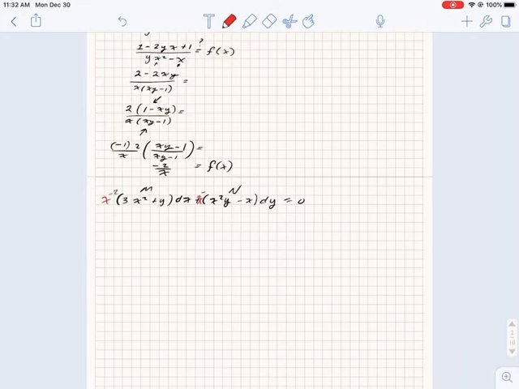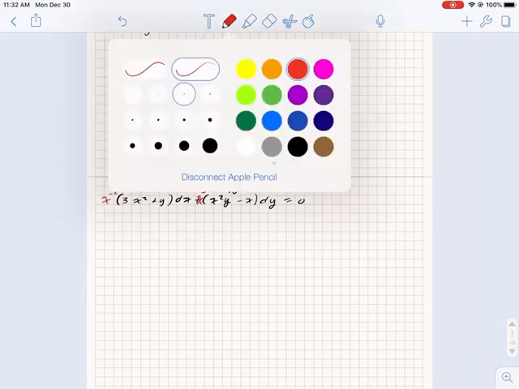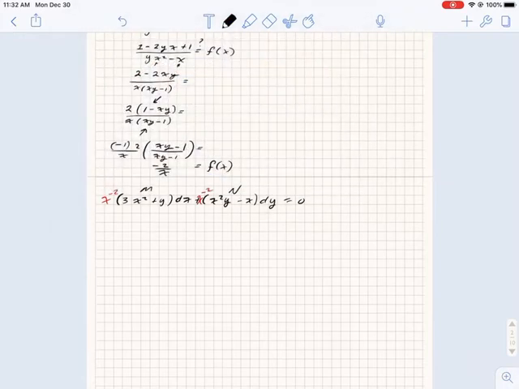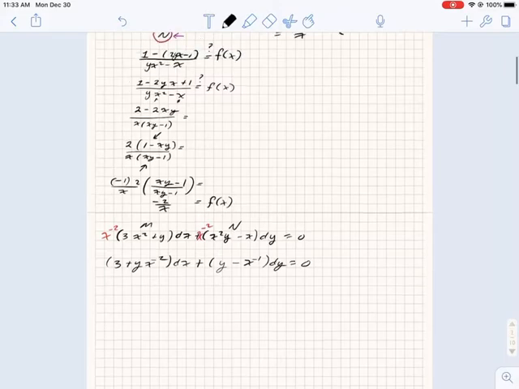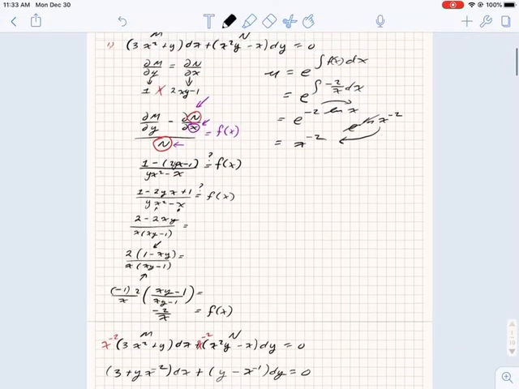So if we multiply this by x to the negative 2 and this by x to the negative 2, we'll get (3 plus y x to the minus 2) dx plus (y minus x to the minus 1) dy is equal to 0.